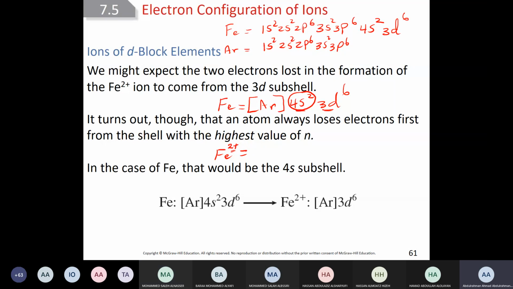Fe goes to Fe2 plus, how many electrons lost? 2 electrons. Where are we going to lose electrons from? The 4s. Yes. And that's why the structure will be like this.